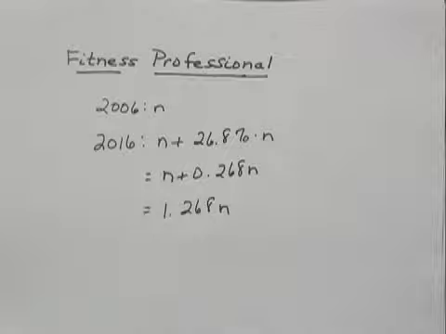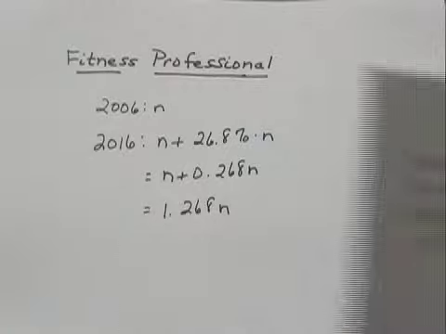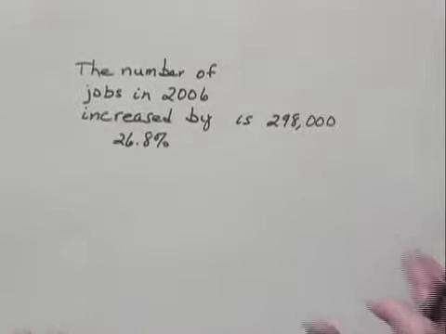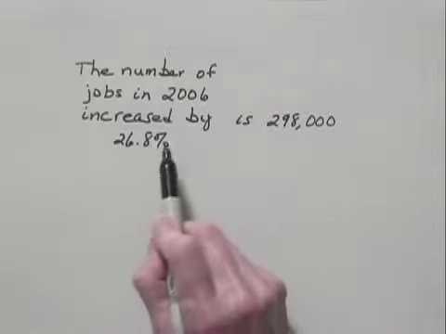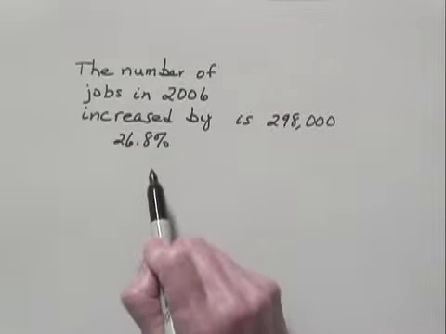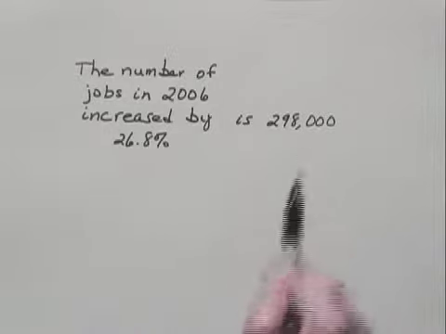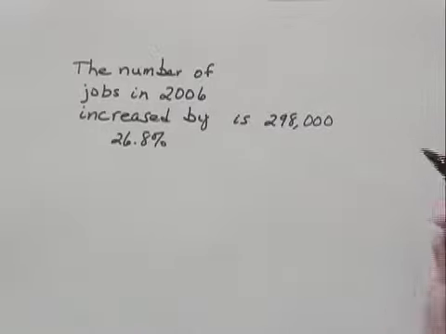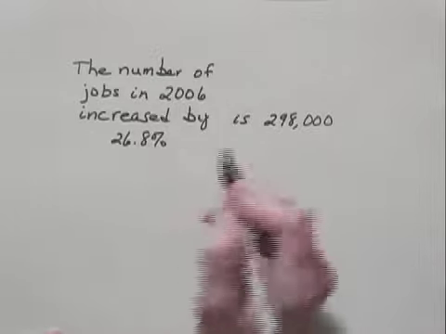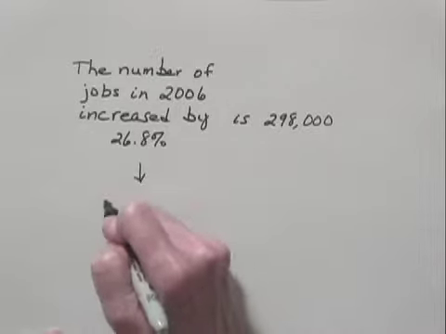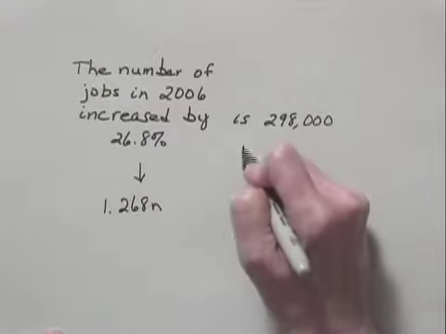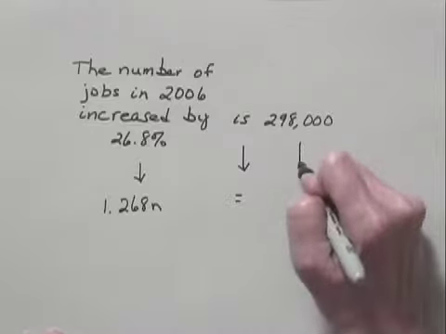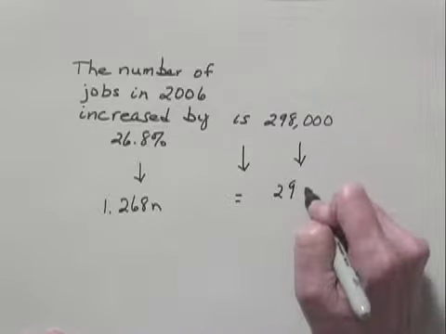Now, in order to find N, we'll solve an equation. The equation we want to solve says this: the number of jobs in 2006 increased by 26.8% is 298,000. This is the number of jobs in 2016, and we just said that this number was 1.268 times N, and that is 298,000.